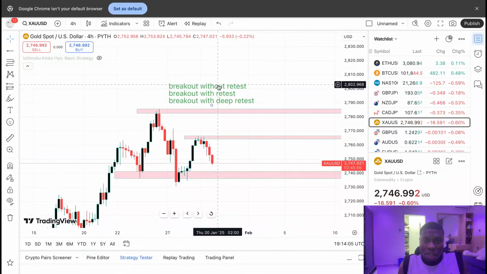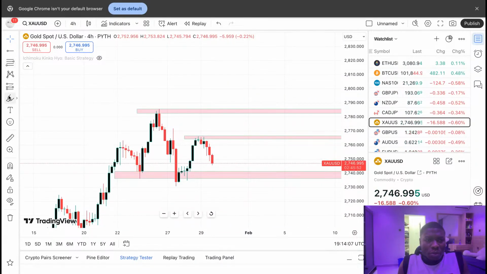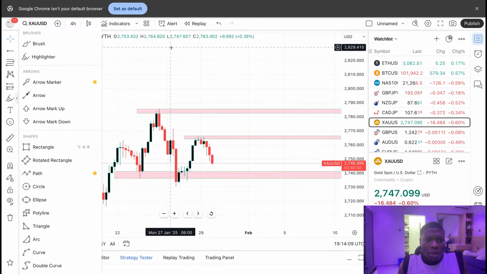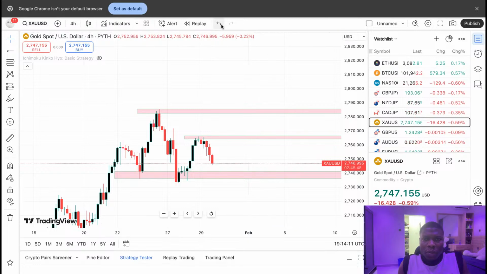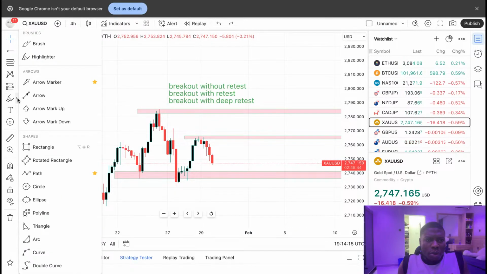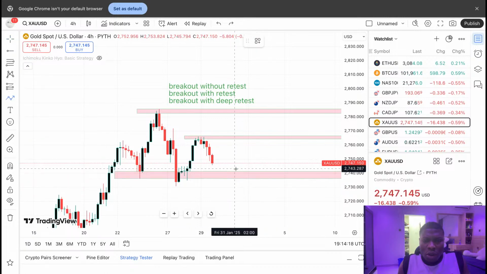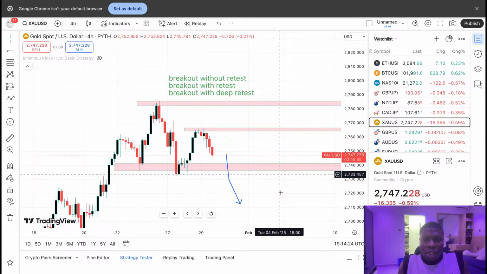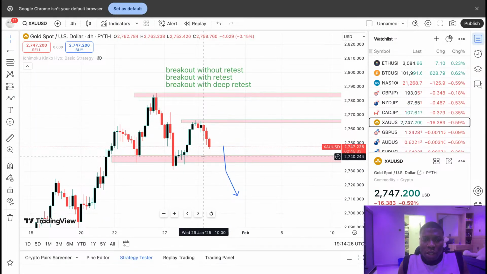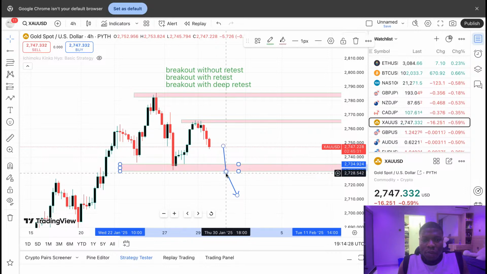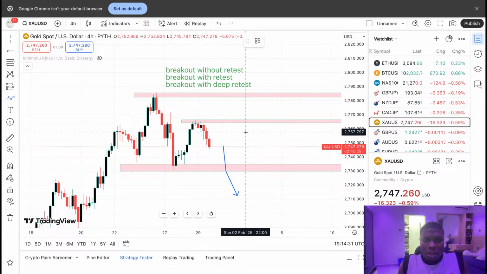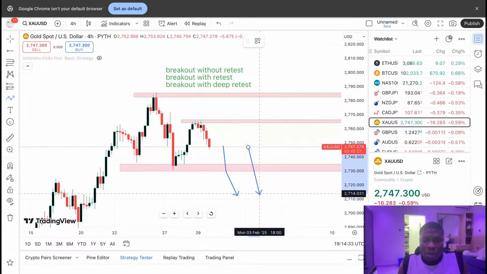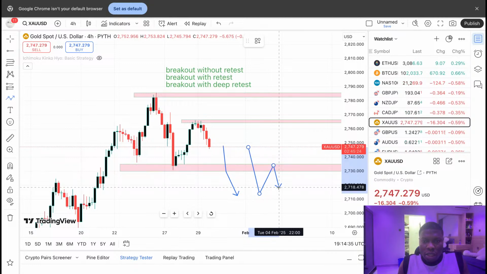Okay, let's say this coin finally breaks out of this support and continues moving. This is breakout without retest. I mean this support area here. Then this is breakout with retest.